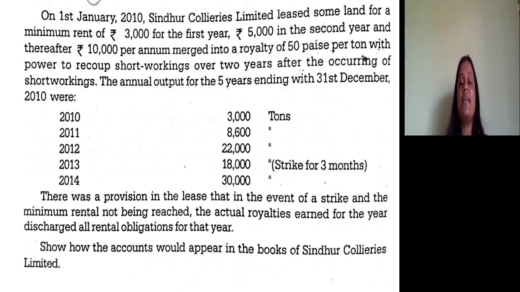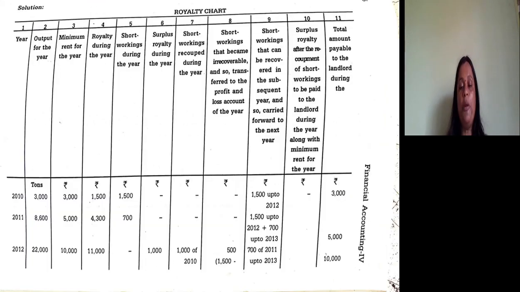If there is a sentence like S Limited leased some land, it indicates that S Limited is a lessor. That's why you have to make a correction in that sentence. You should change it to S Limited got on lease some land. Whenever you get some asset on lease, it means you are lessee, not lessor. So we are preparing accounts in the books of S Limited, considering it as a lessee.